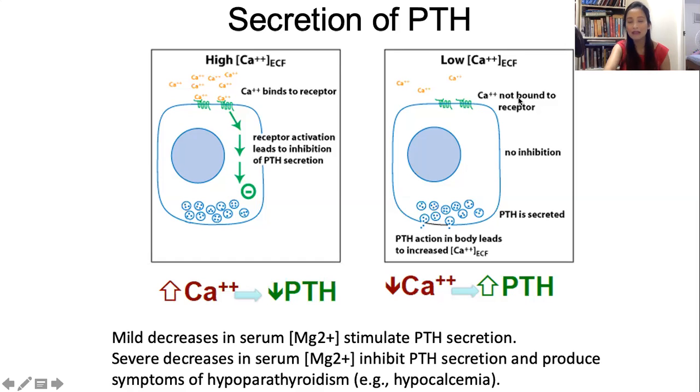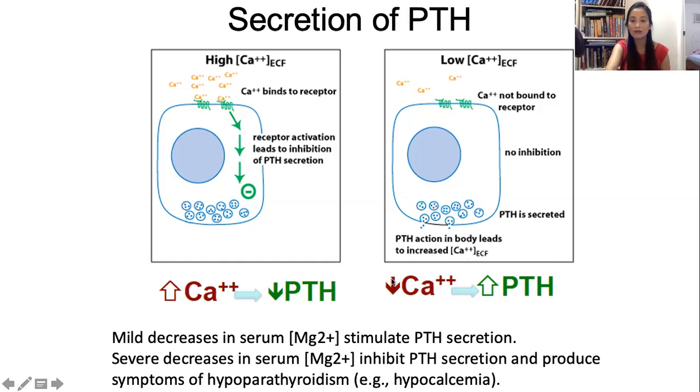On the other hand, if your extracellular fluid has low calcium levels, then the calcium will not be bound to your calcium sensing receptor, and there will be no inhibition of your PTH secretion. Therefore, your parathyroid cells will continuously secrete PTH, and the PTH will lead to increases in calcium levels in the body, as I've said, through increased intestinal absorption and renal reabsorption of calcium.